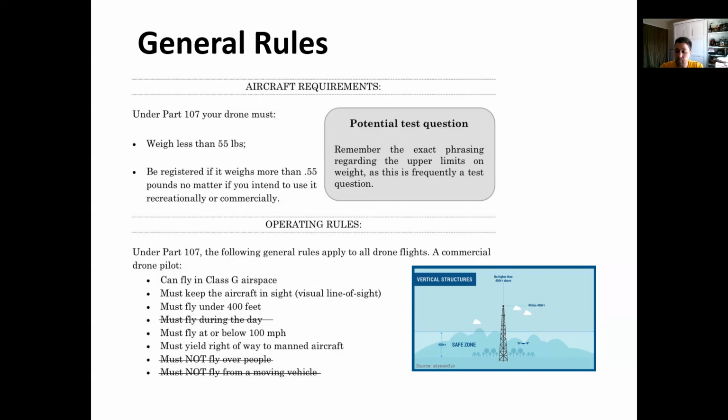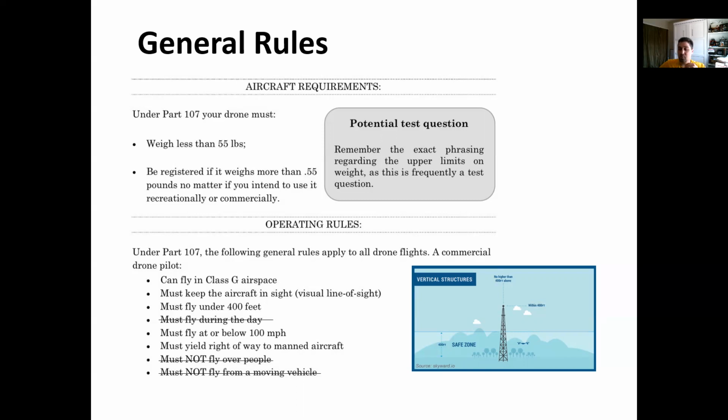Must fly at or below 100 miles per hour. Sounds very fast, and it obviously is. I've never taken a drone, I don't even know, probably faster than 25 miles an hour or so, but I'm not in the drone racing space. For somebody that is, I imagine this is important. Anyways, it's out there, so you've got to know it.